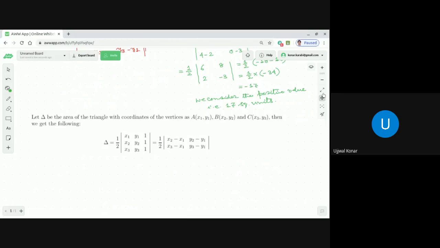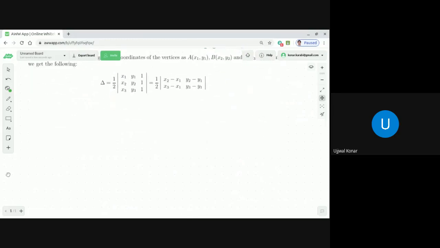Now let's proceed towards finding the area of a polygon when we know the coordinates of the vertices. Think about a polygon, I'm considering something like this. You can in fact find the area of a polygon using the concept of how to find the area of a triangle.